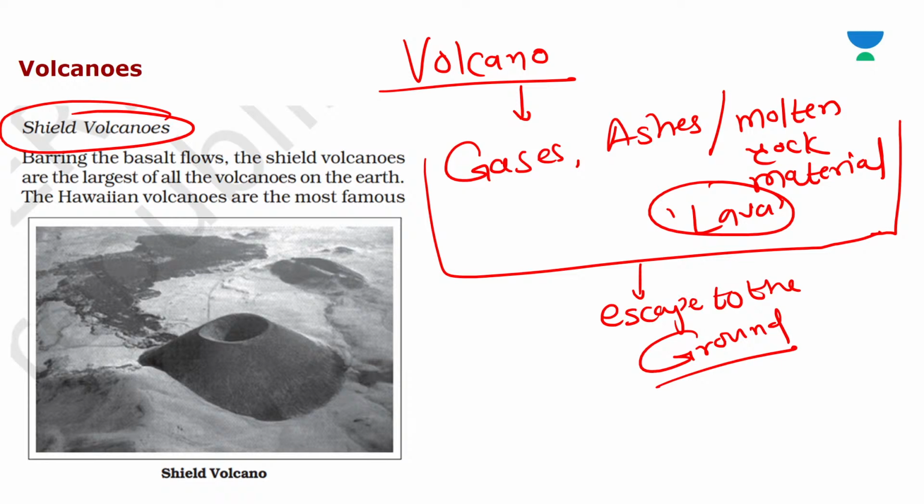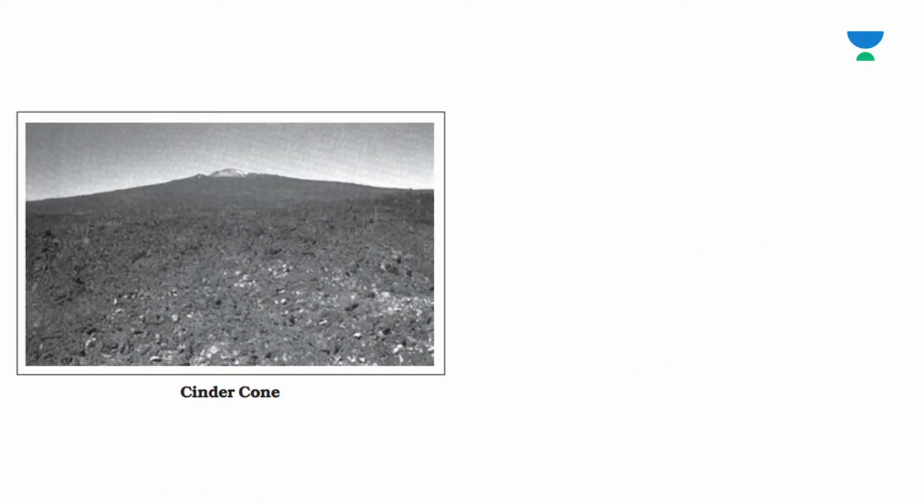Then cinder cone. So friends, the Hawaii volcanoes are the most famous examples of shield volcanoes. So these volcanoes are mostly made up of basalt.